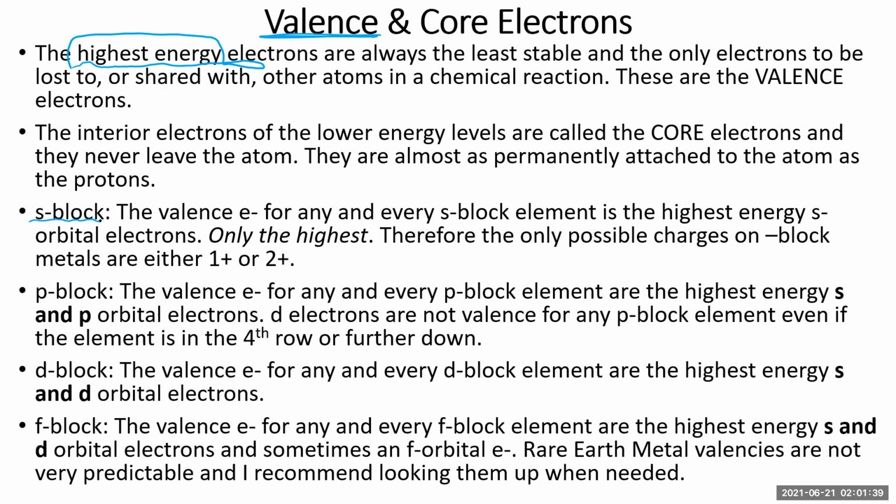The S block elements, meaning any element in the first 2 columns of the periodic table, and also, of course, helium, any S block element has its valence electrons as the highest energy S orbital electrons. So any S block element will have the highest energy, not just any S orbital, but the highest energy S orbital. So say, for example, something like potassium. Take potassium as an example.